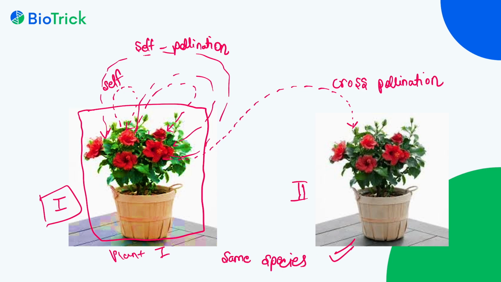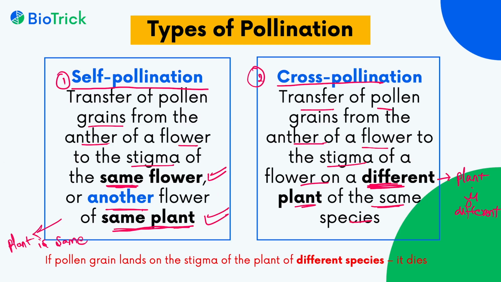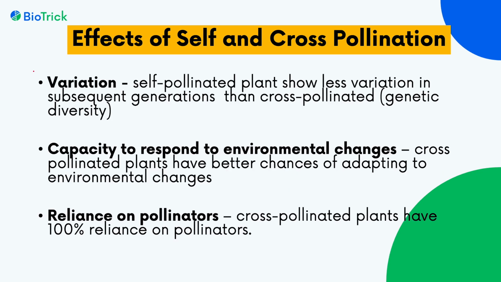Hope you understand this. And as I just said, if a pollen grain lands on the stigma of a plant of a different species, then it dies. So this is self-pollination and cross-pollination.